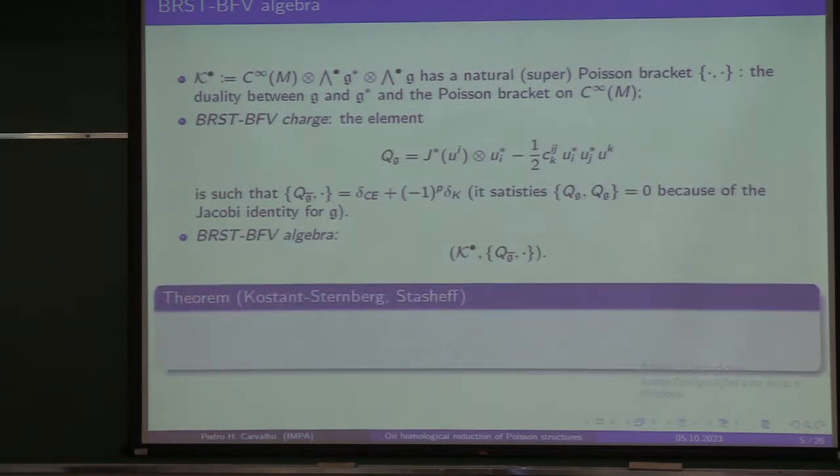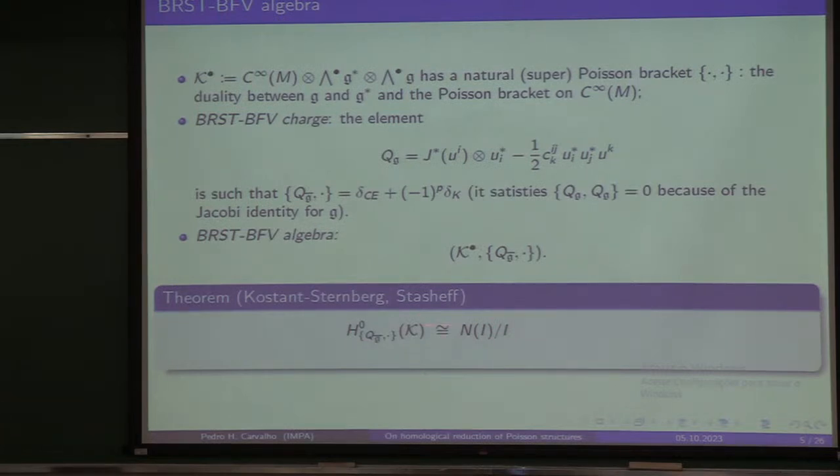Okay, so there's this theorem by Kostant and Sternberg, and also by Stasheff, which says that the fact that you realize this differential as an inner derivation means the Poisson structure goes to cohomology. So there's a well-defined bracket in cohomology. And the theorem states that the two Poisson algebras here are actually isomorphic.